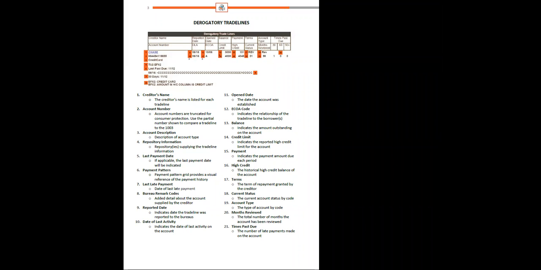Here on this one, the balance is 3,000 and the credit limit is 4,000. If I take 3,000 divided by 4,000, this tells me real quick that they are well above that 30% usage. It's at 75% usage.